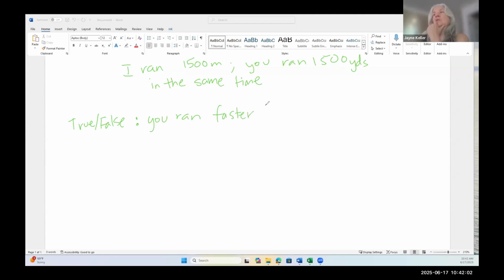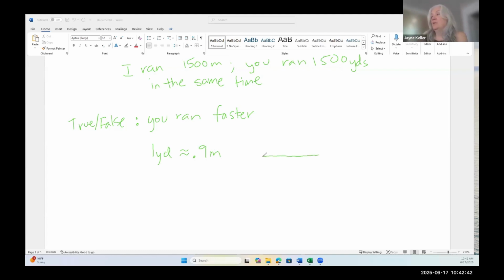So first I want to think about which one is further. Is it 1,500 meters or 1,500 yards? Well, a yard is about, remember from our slides, 0.9 meters. So if I ran a yard, I only ran 0.9 meters. So I'm running the meters and you're running the yards, okay? So you're running less of a distance, right? So let's just think about a single meter.